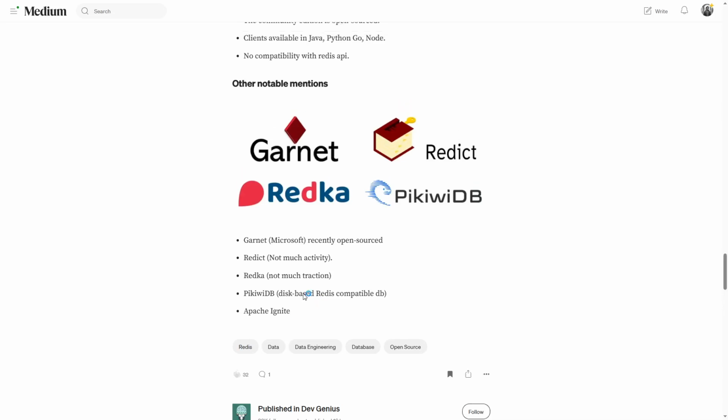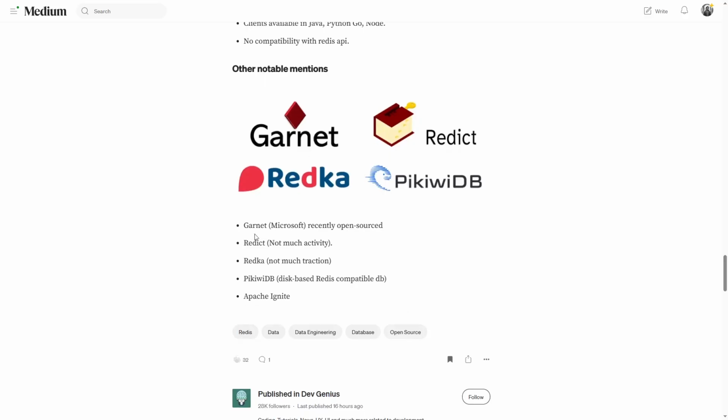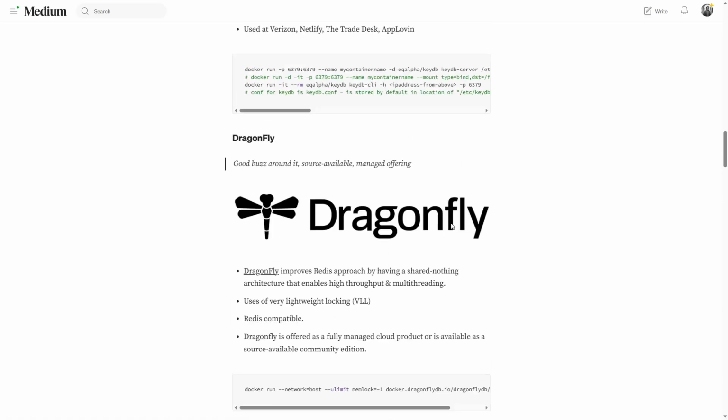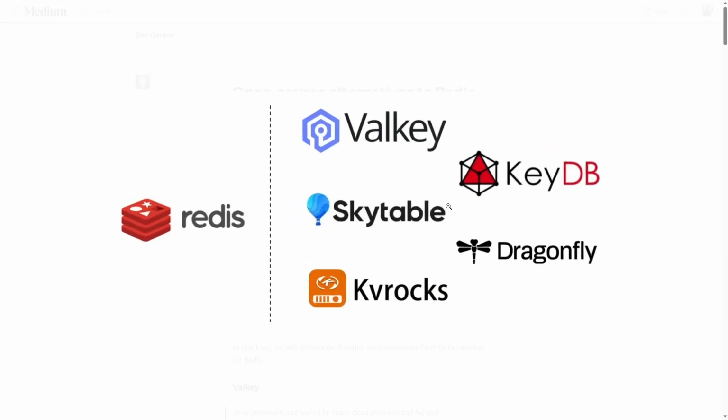Apache Ignite is another project which is there. There are others which don't have much activity in their GitHub repos or much traction. Garnet was recently open sourced by Microsoft, so that is something we should keep an eye on to see where they go with the solution.